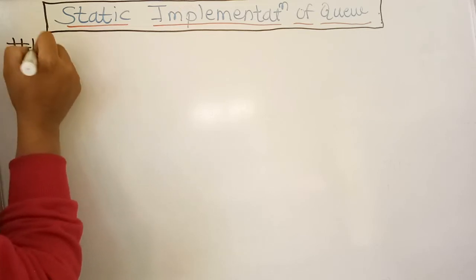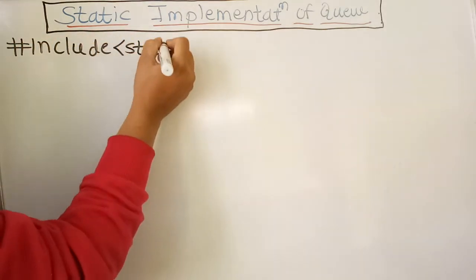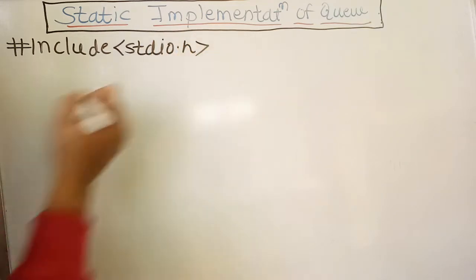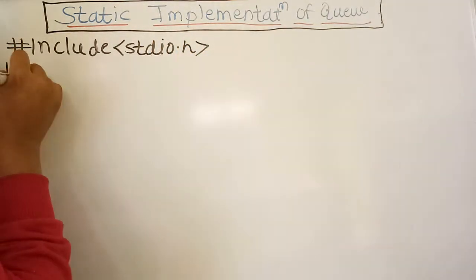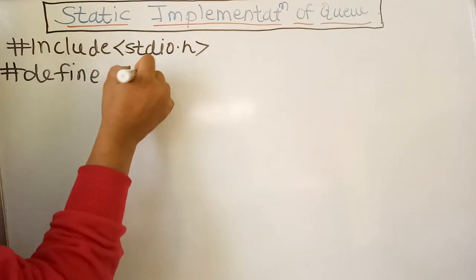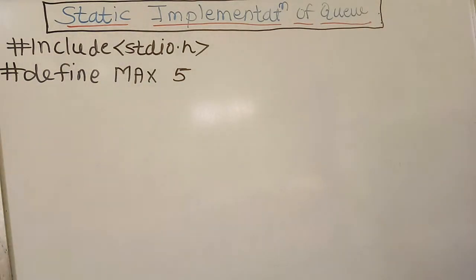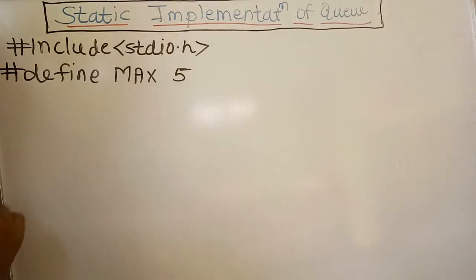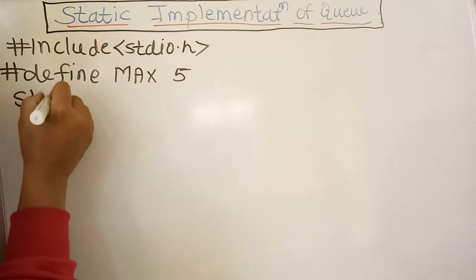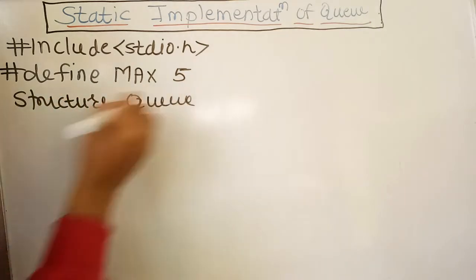For that, we will write a header file, that is #include <stdio.h>. Then for declaring a constant, we will declare it like #define max of size 5. You can take any number instead of 5. Now we will create a node of a queue, that is the structure queue.